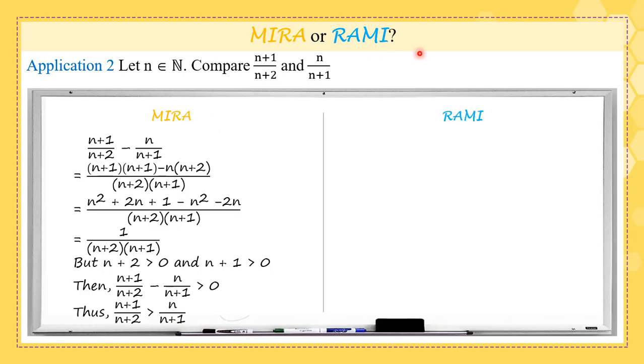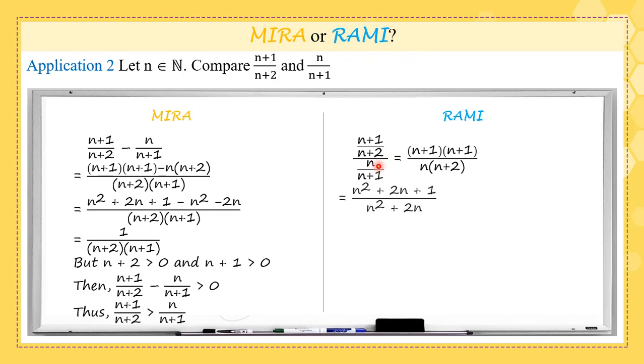Well, let's see what Rami did. Rami used the quotient method, which is like this, but n squared plus 2n plus 1 is greater than n squared plus 2n. The numerator is greater than the denominator, and the denominator is positive.